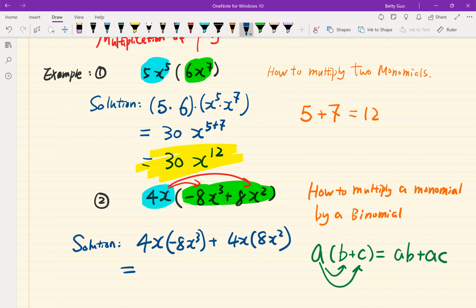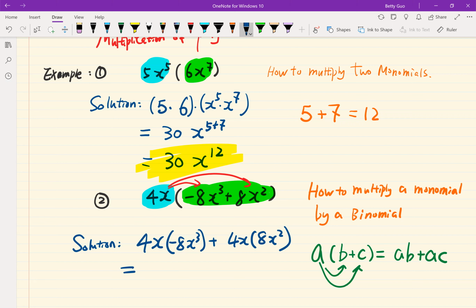Let's look at the first term, 4x multiplied by negative 8x cubed. No, this is not minus, okay? You are not looking at 4x minus 8x cubed. You are looking at 4x multiplied by negative 8x cubed.